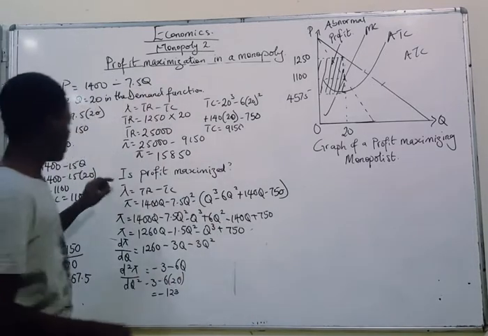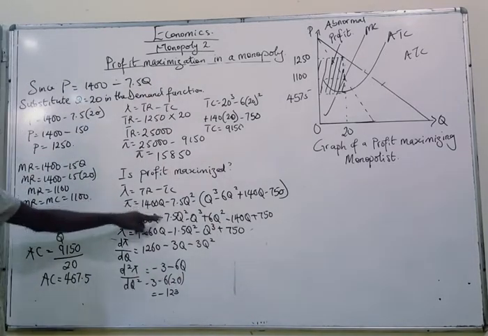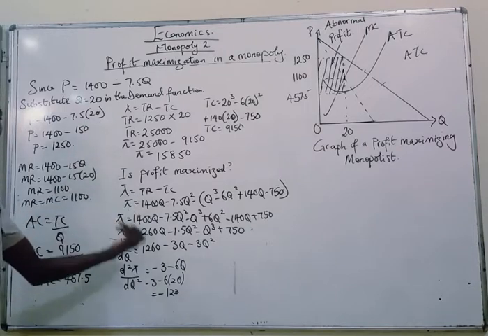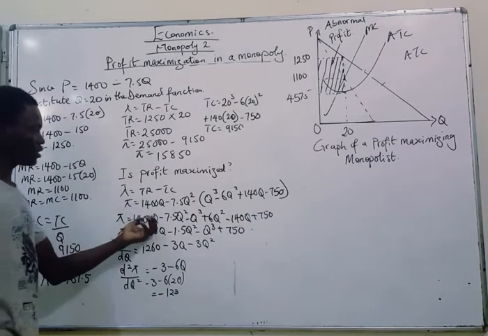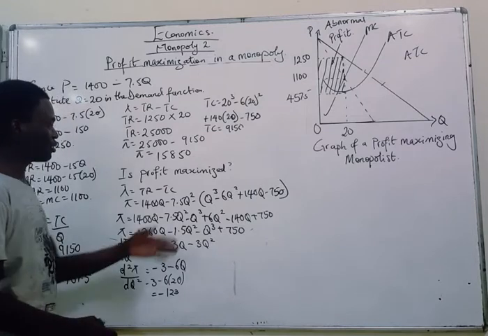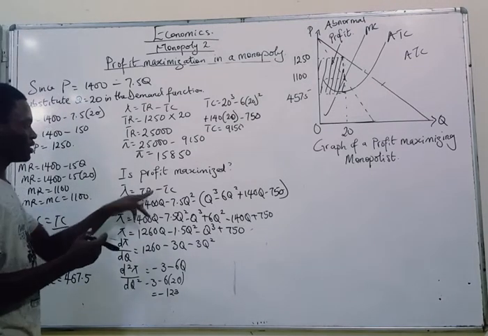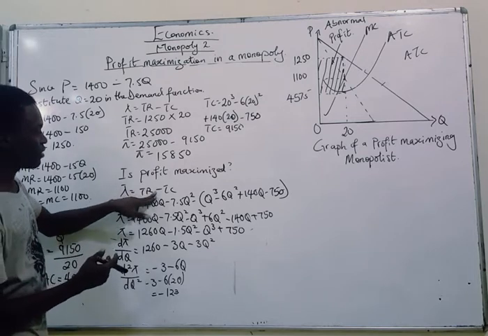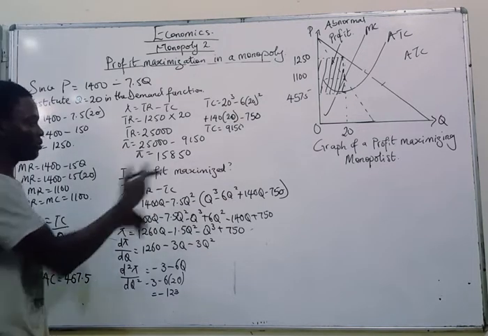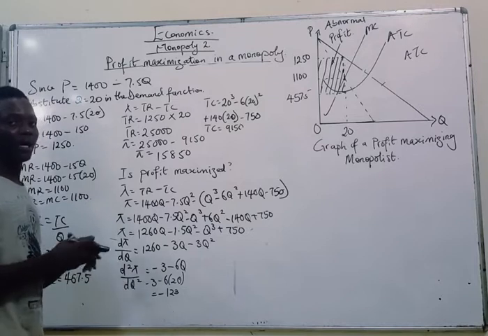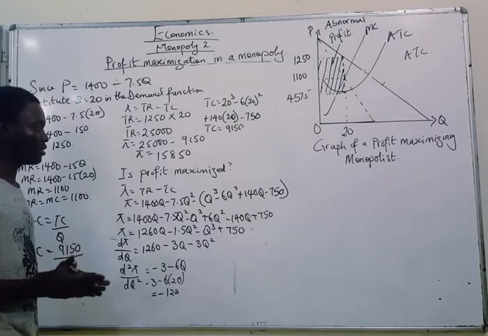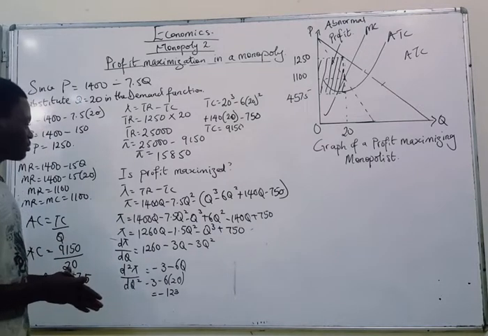Okay, now this is the profit function, TR minus TC. So we bring back the TR function now, which is 4,400Q minus 7.5Q squared, then minus. Now the total cost must be in brackets so that we don't make mistakes with this minus sign, because this minus sign is meant to affect everything in the bracket. If the bracket is not there, there's a likelihood of students making a mistake.